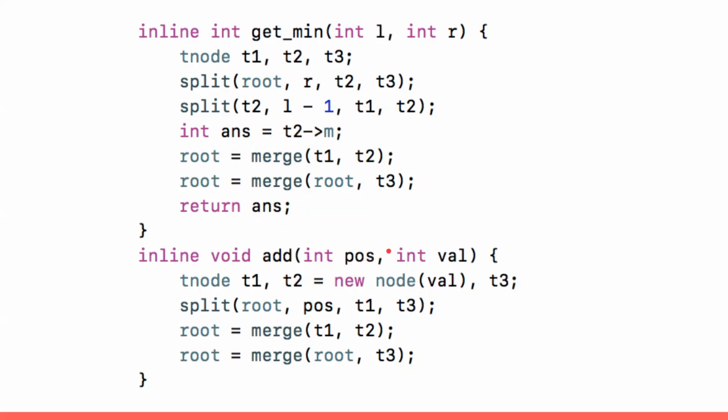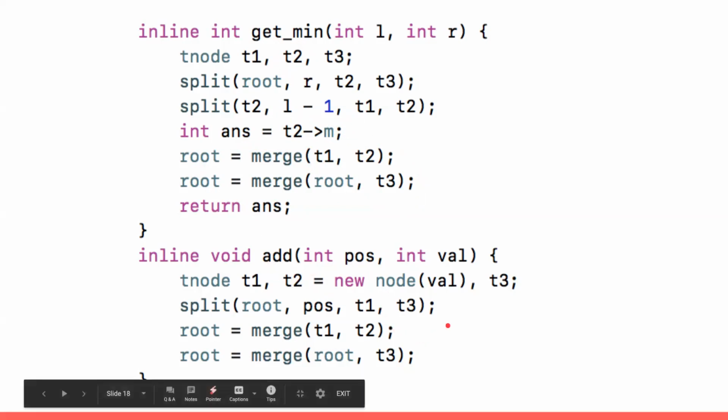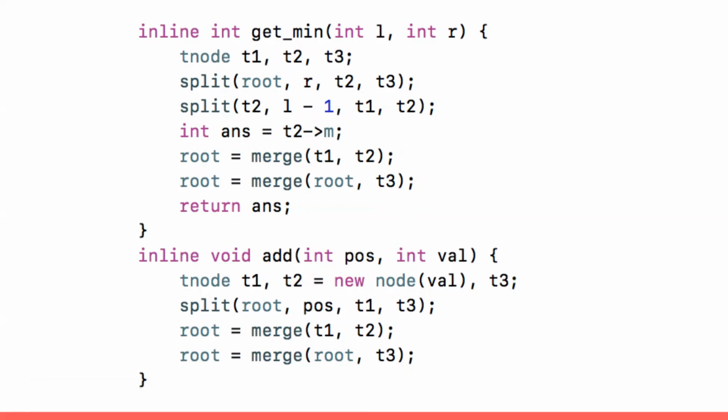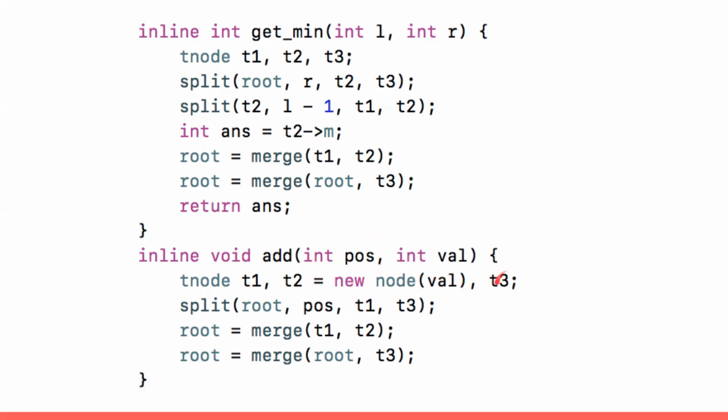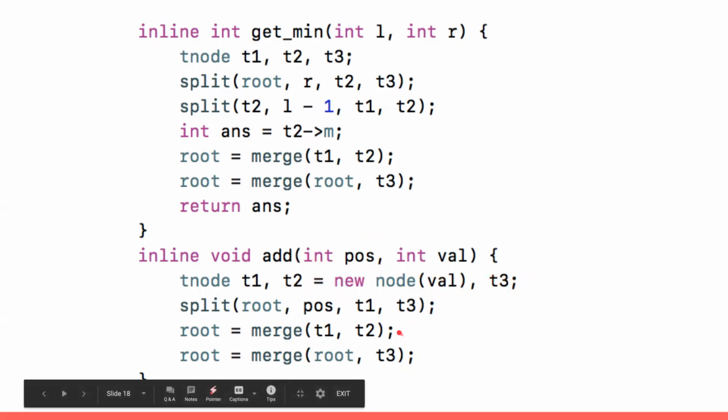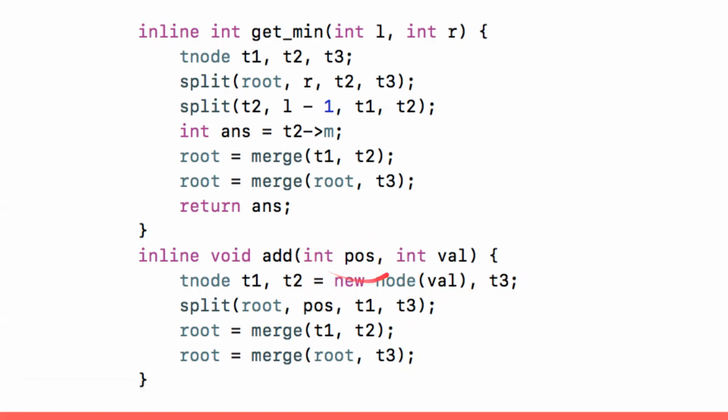And what if we want to insert some value in some position? Then we need to split the tree into 2 parts, where in T1 we are going to store all the nodes that will be to the left of it, and in T3 we're going to store all the nodes that will be to the right of it.